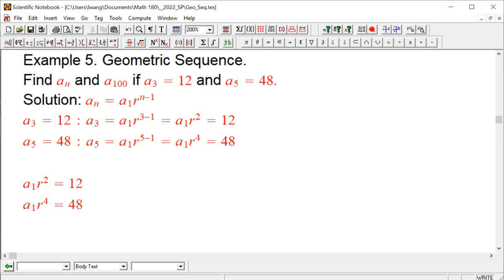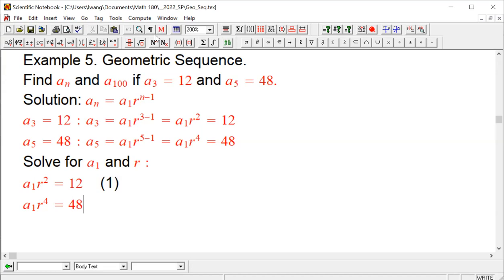From these two equations, we're going to solve for a sub 1 and the common ratio. So how do we solve these two equations? Same trick.